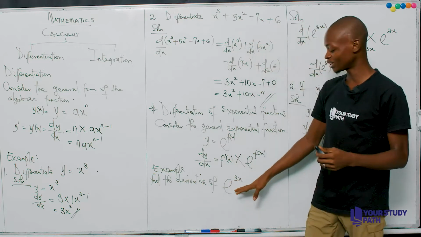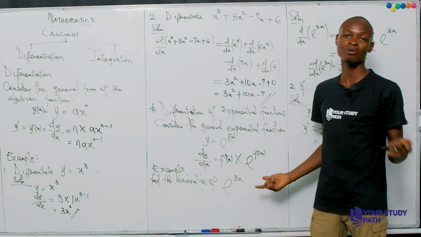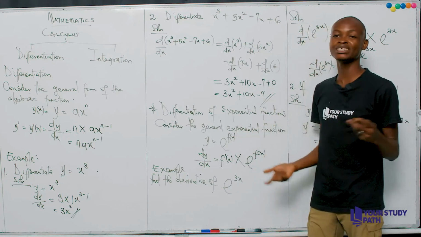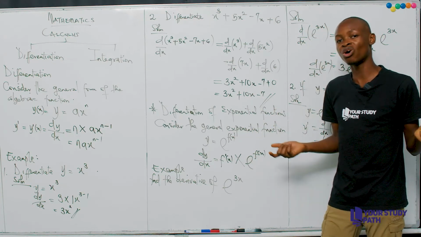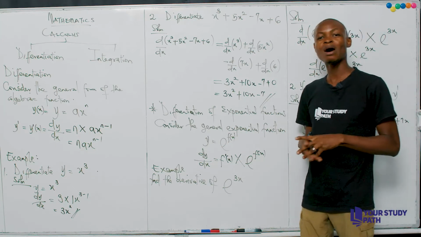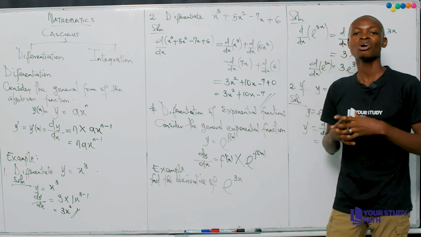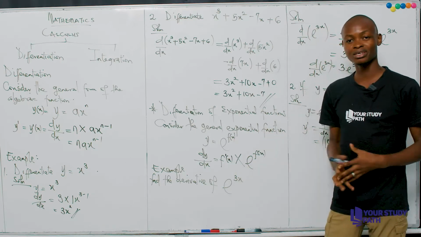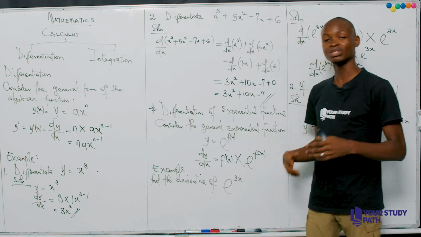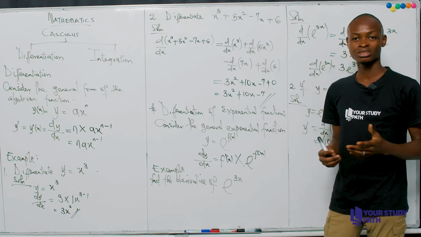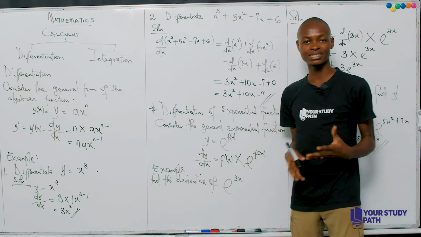So this is an exponential function with an algebraic power. It obviously does not mean that the power has to be algebraic all the time. No. The power can be something originally different. The power could be logarithmic. The power could be an exponential function again. The power could be algebraic. The power could be trigonometric.